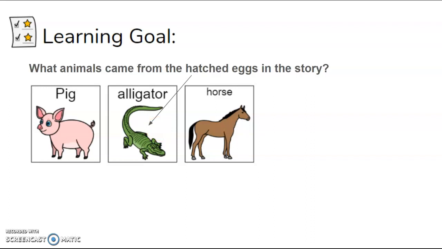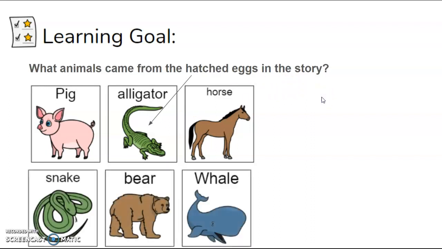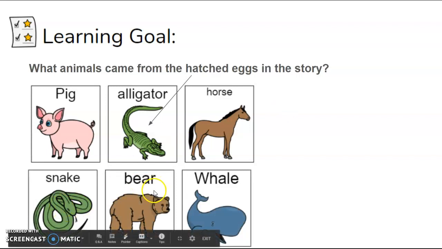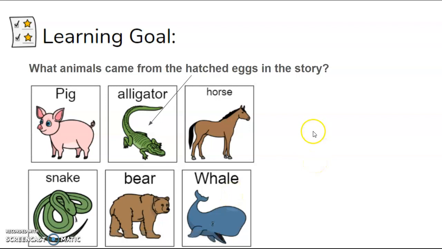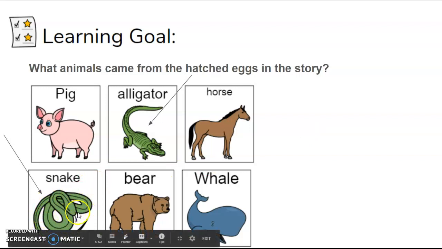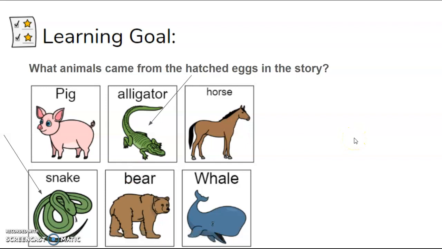Can you think what else hatched from the eggs? A snake, a bear, or a whale? Yes, a snake hatched from one of the eggs. If you also said a baby platypus, you are right. There was also a baby platypus in our story.